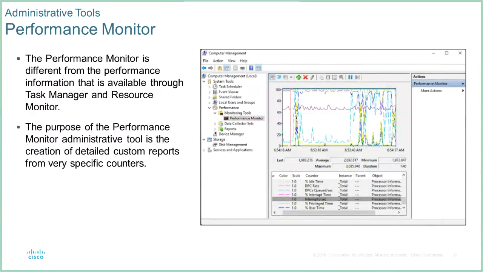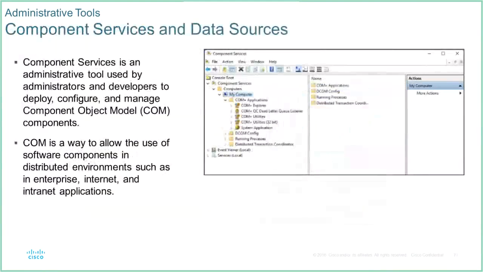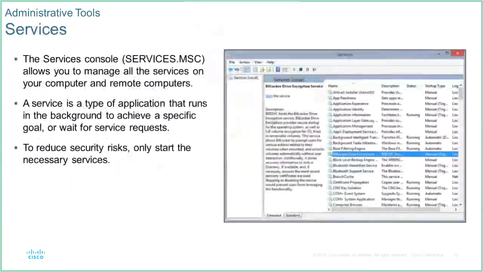So if you're getting something that's consuming too many resources, you can look into it and find out if you need to adjust something. Data sources, component services. So component object model allows you to adjust the software components for your environment. So again, this is all just massaging your areas.